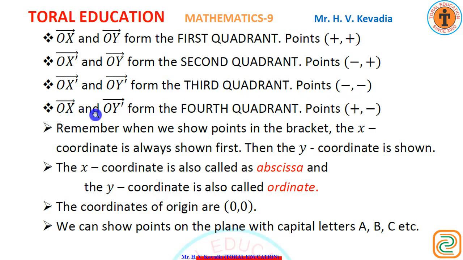OX and OY dash form the fourth quadrant. Points positive negative. Remember, when we show points in brackets, the x coordinate is always shown first, then the y coordinate. So first the x coordinate, second the y coordinate in each case.